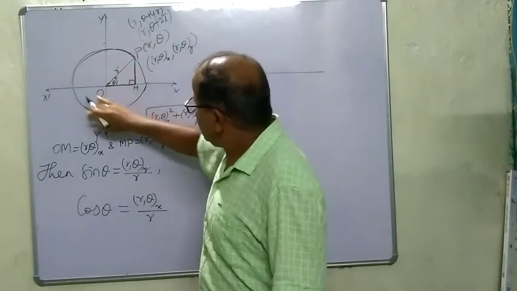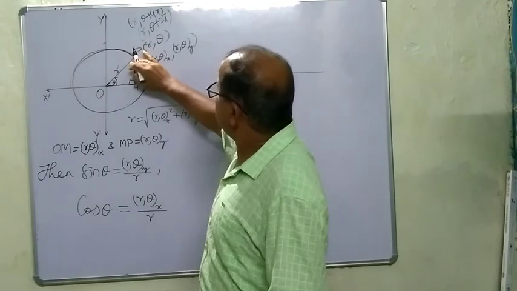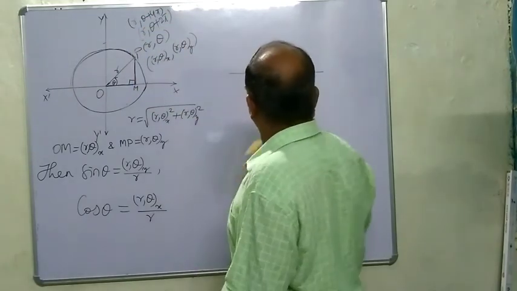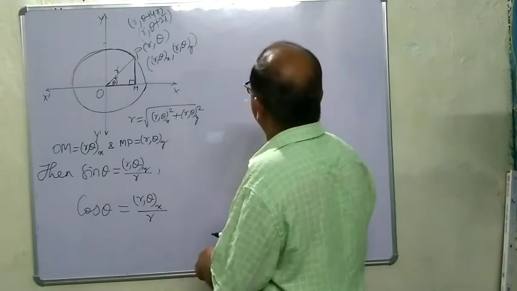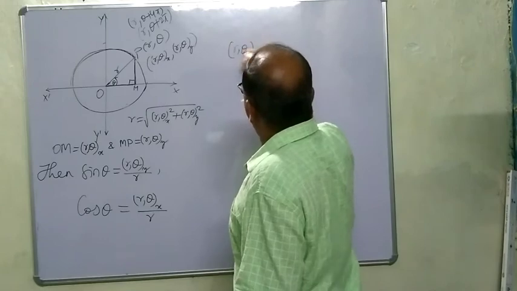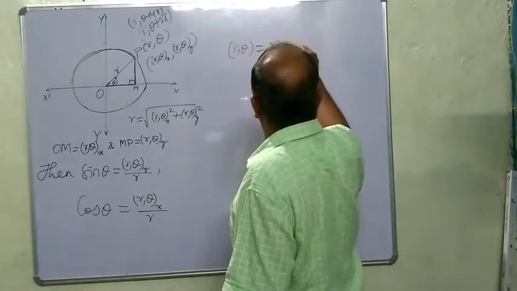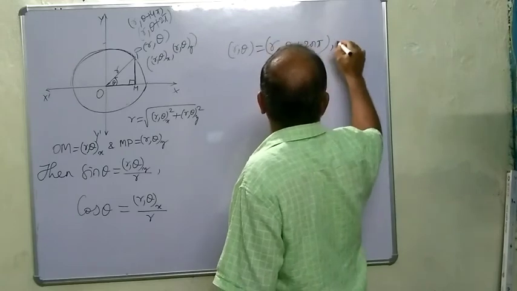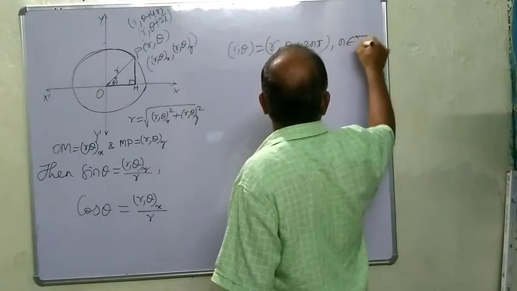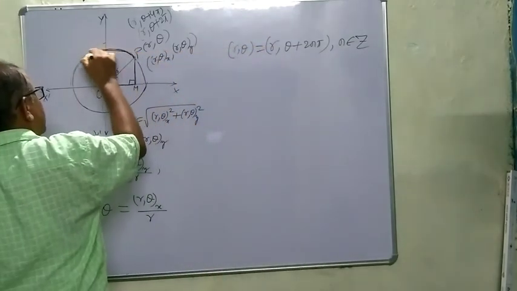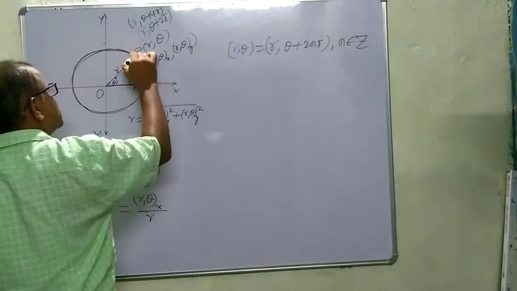Then completing another circular motion, it will be theta plus 4 pi, like this. So r theta can be written as r theta plus 2n pi, where n is any integer. If you move on this side, you have to add 2 pi.